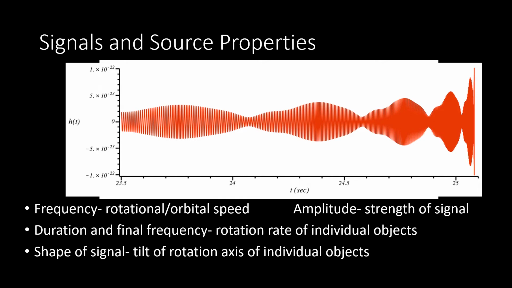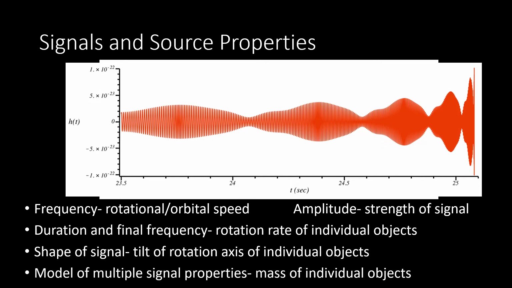along with how fast it's moving. And then if we take all of this information and put it together, so frequency, amplitude, time, final frequency, and the shape of the signal, we can model it all, put all the properties together, and ultimately get the masses of the two objects. The theory of general relativity provides us with the math to do that. So I'm not going to show you the equations or the math or anything.